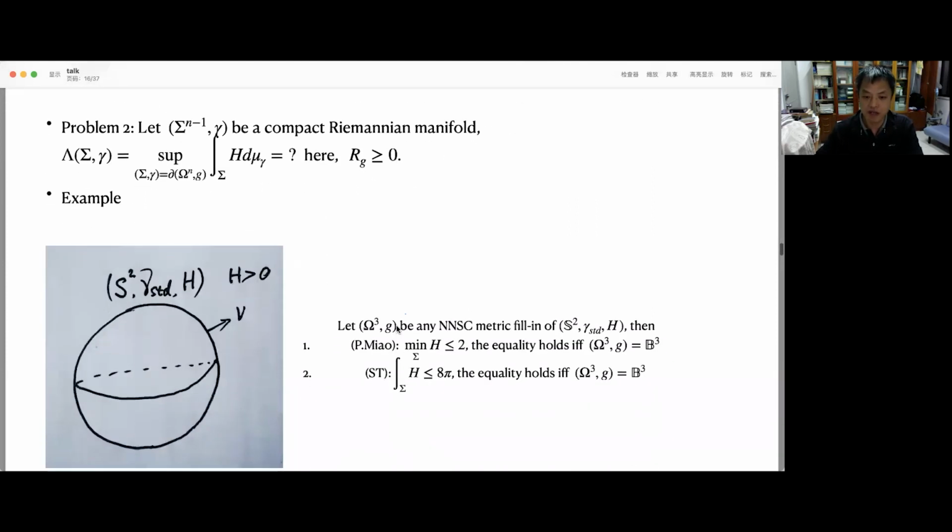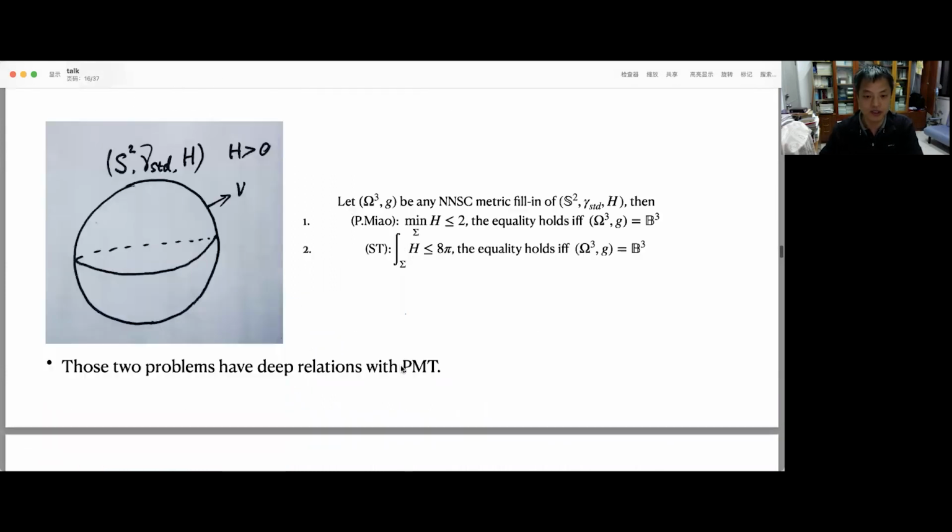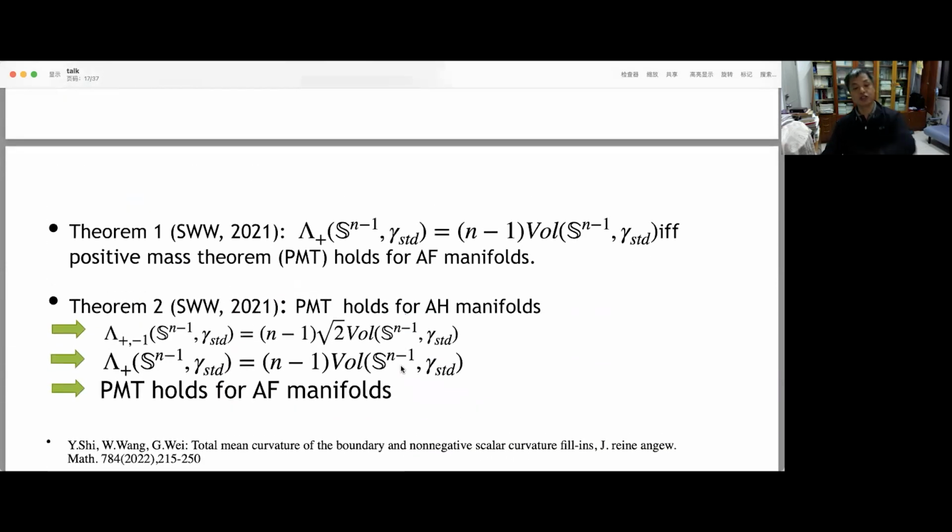Actually, we have a high dimensional generalization of this. Now here's a precise statement, which is joint work with Wang and G.D. Wei. We can show that the lambda plus of the standard sphere equals this one, the volume of the standard sphere, if and only if the positive mass theorem is true on any asymptotically flat manifold.